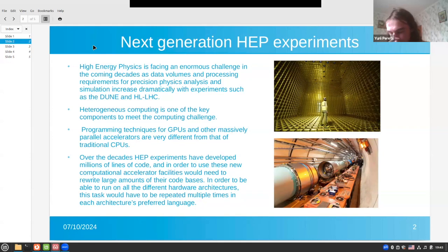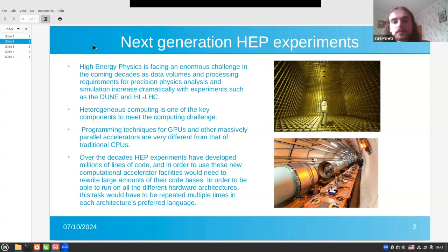One way to fix it is to process computation not just on CPUs, but also on GPUs. And the most effective way to do it is heterogeneous computing, which is when our system has a few subsystems which can have different architectures. So it's our key to meet the computing challenge.